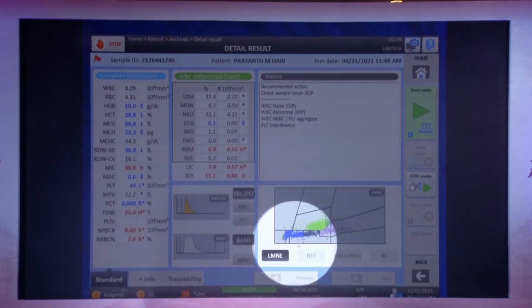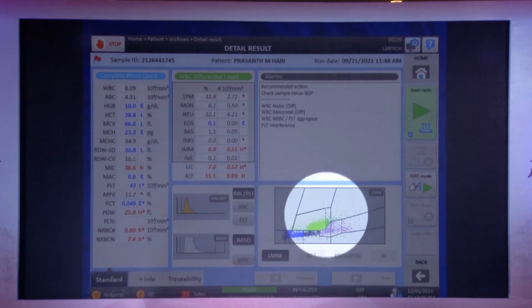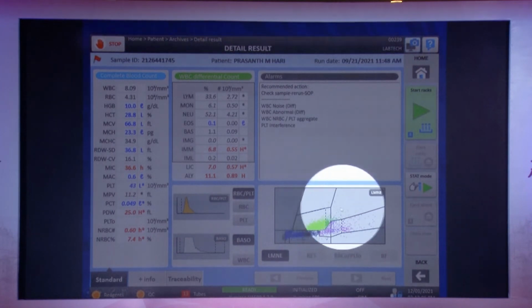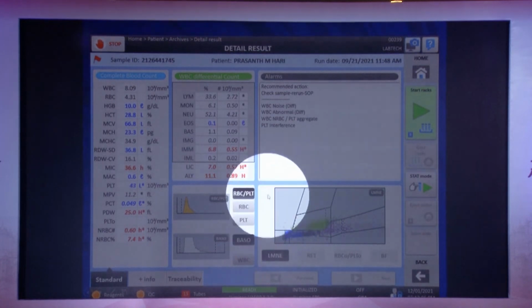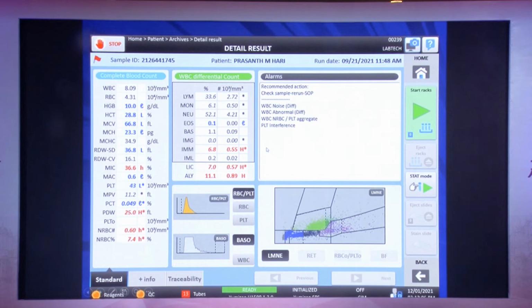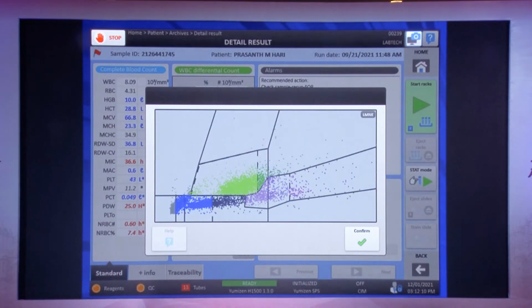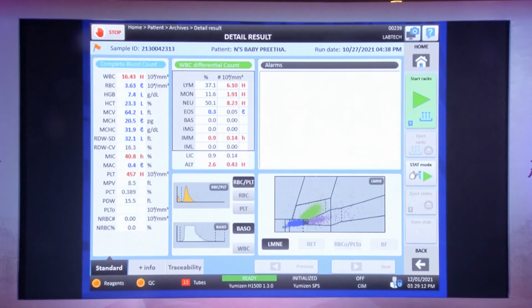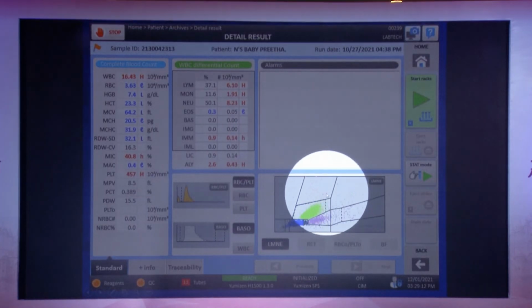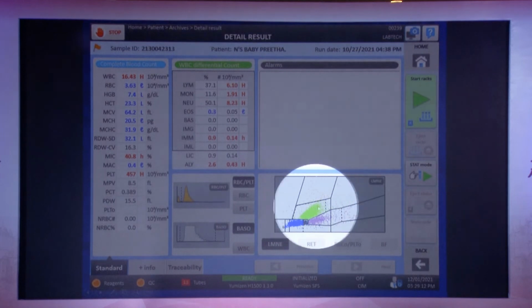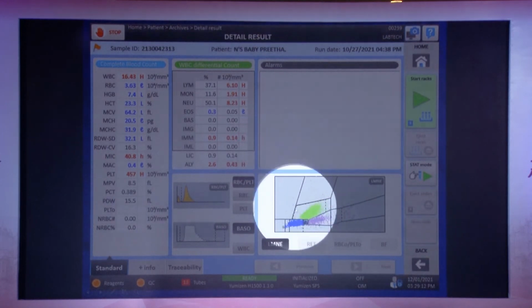Same lymphocyte monocyte merger, and the neutrophils appear larger because they have increased in size and they have got decreased light loss, decreased scatter. This is another case where you have lymphocyte monocyte merger, neutrophils which have become large and they have become low in scatter.